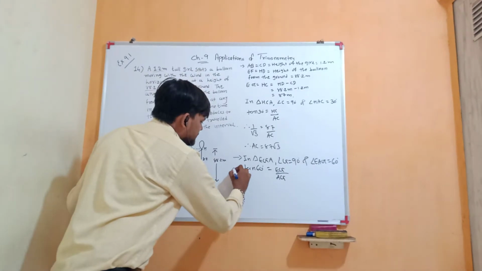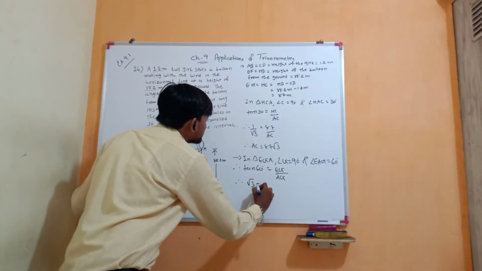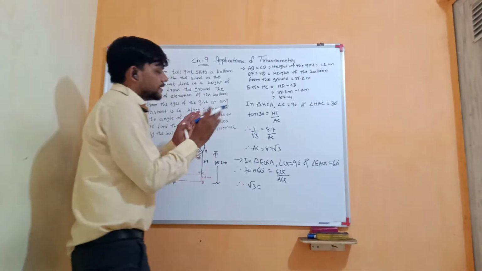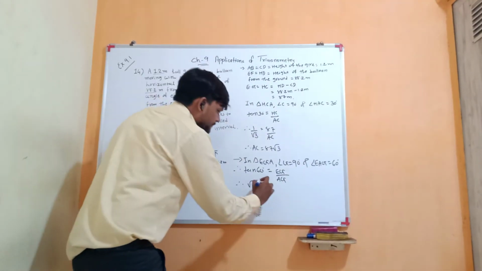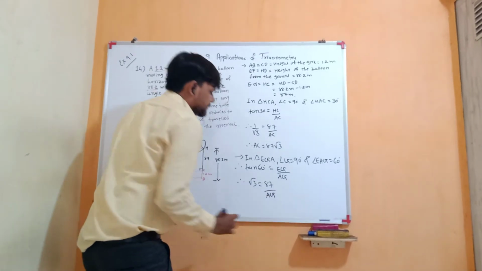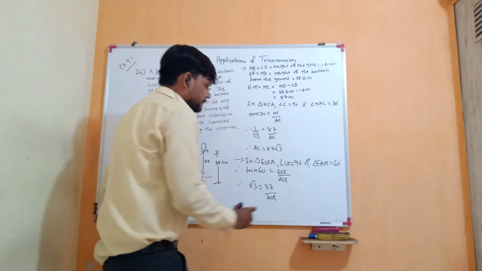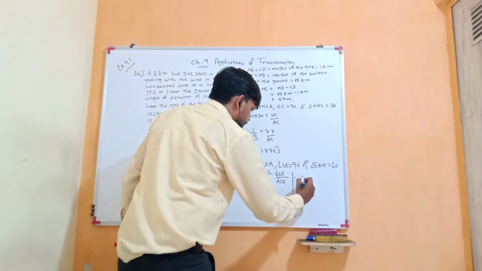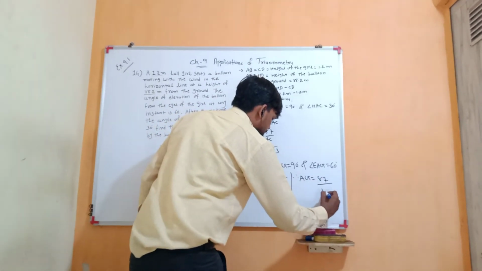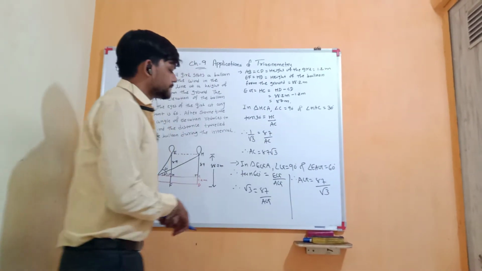The value of tan 60 is root 3. And EG we already having in the data, which is equal to AC for the opposite side of the rectangle, right? Shift AG divide to multiply, and shift root 3 multiply to divide.